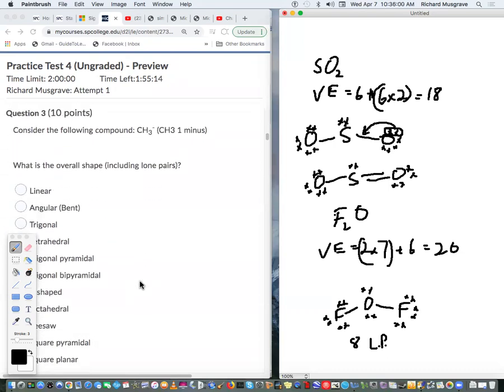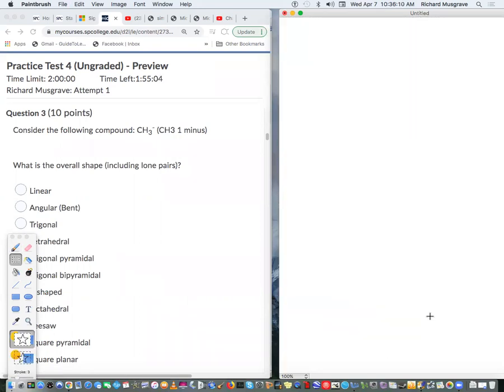All right. Let's talk about this one here, CH3 minus. Now this reintroduces a concept we had talked about back when we did Lewis structures, and that means calculating the valence electrons for something that has a charge on it.